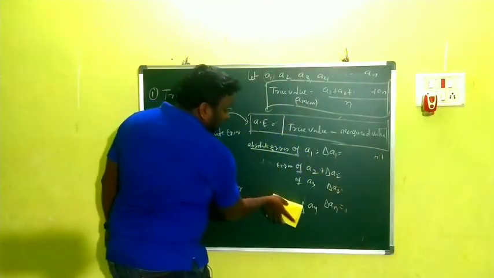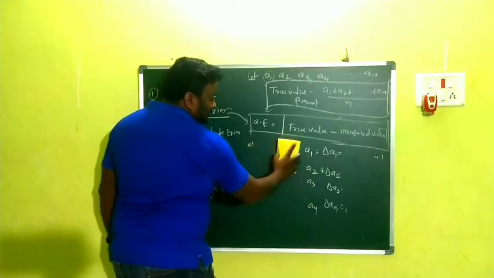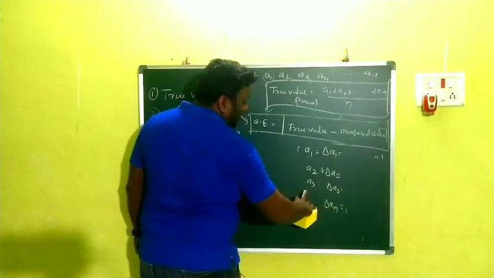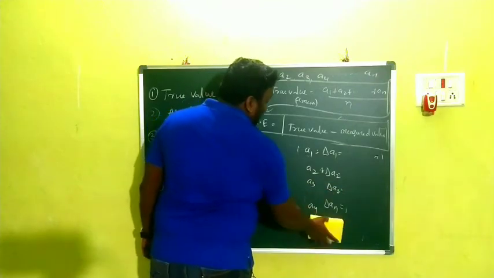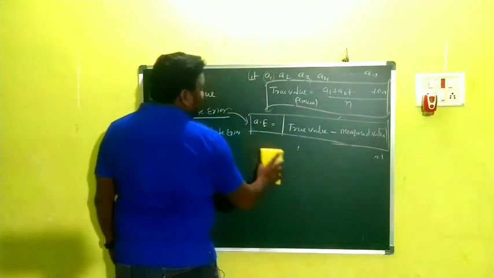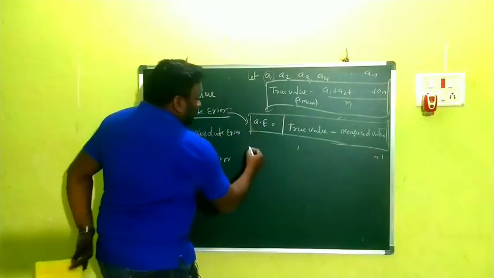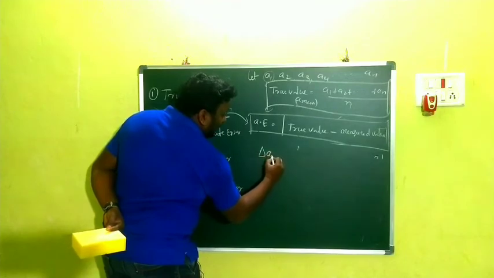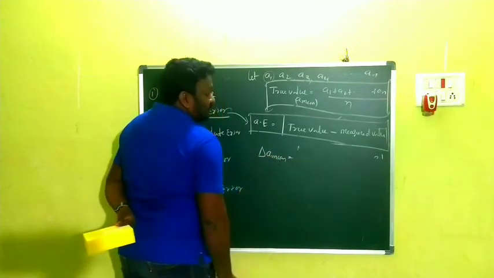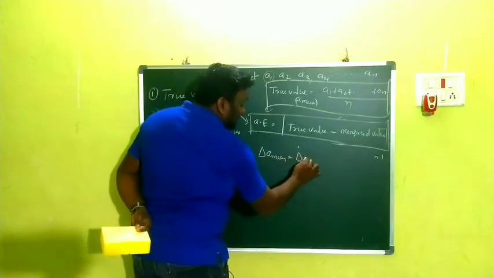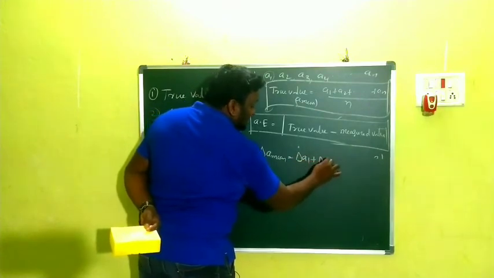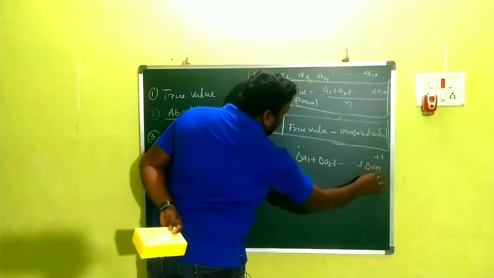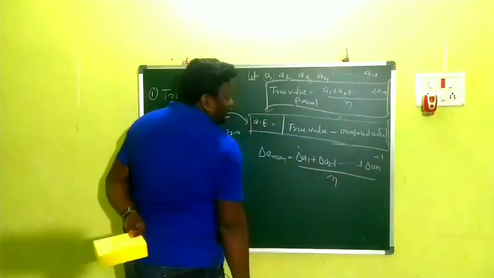Clear? So here, for A1 the absolute error is delta A1, for A2 delta A2, for A3 delta A3, and for AN delta AN. So that's why I am writing here the mean absolute error: delta A mean is equal to delta A1 plus delta A2 plus and so on, delta AN, divided by N. Clear?